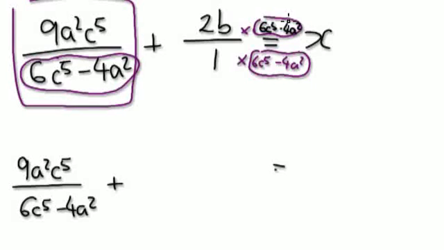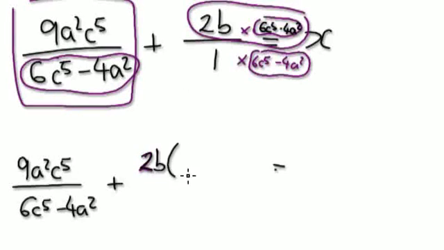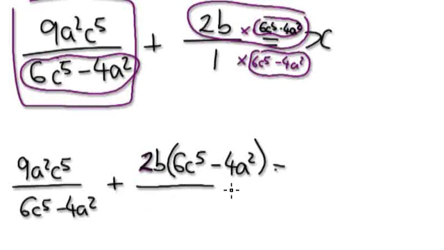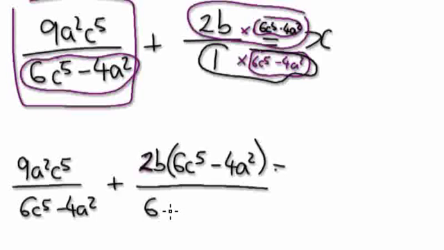So now this times this, it would be this 2b bracket 6c to the power 5 minus 4a squared, close it, and then 1 times this bubble here would be this 6c to the power 5 minus 4a squared.